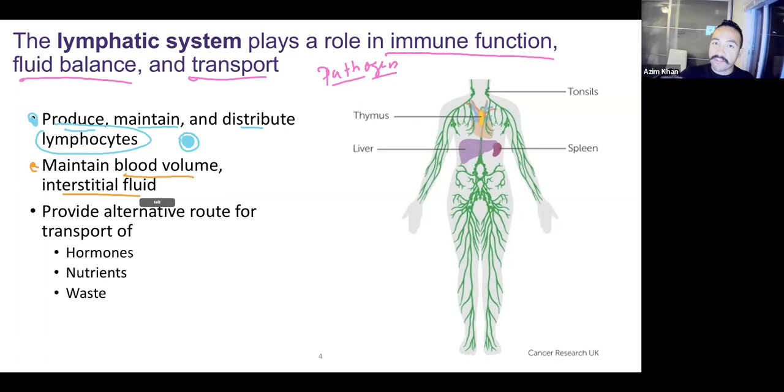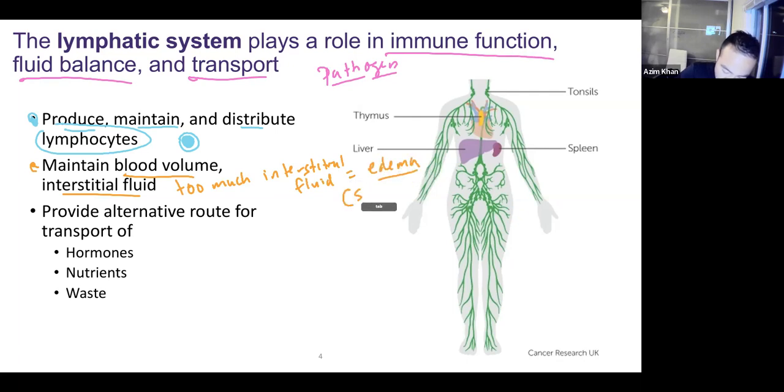If these blood vessels continually leak, we increase interstitial fluid. We don't want to continuously increase interstitial fluid, so we want to return that back. So we want to maintain a balance. Too much interstitial fluid leads to edema. Edema is just the fancy way of saying swelling.